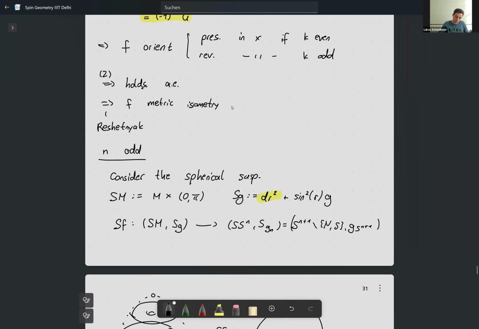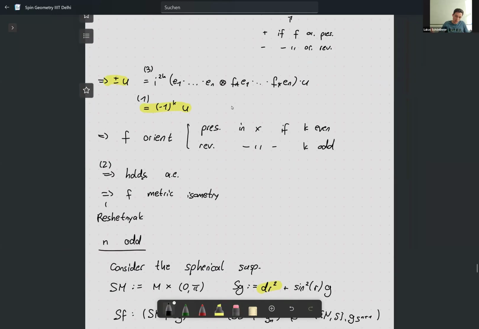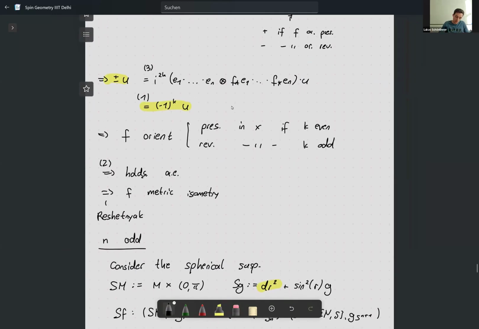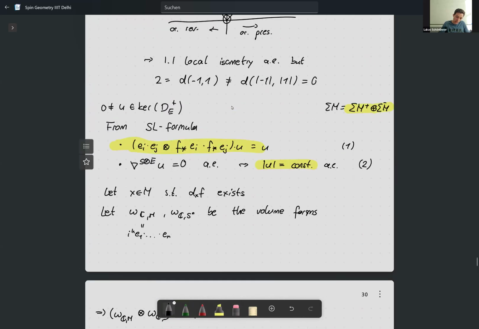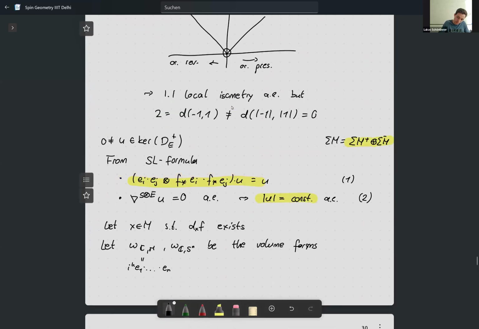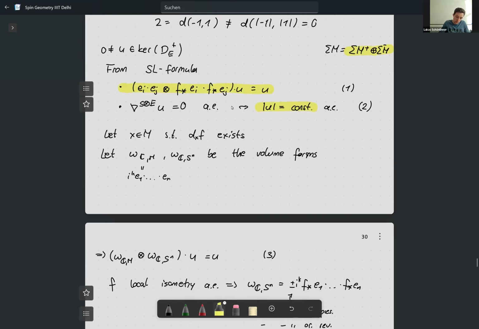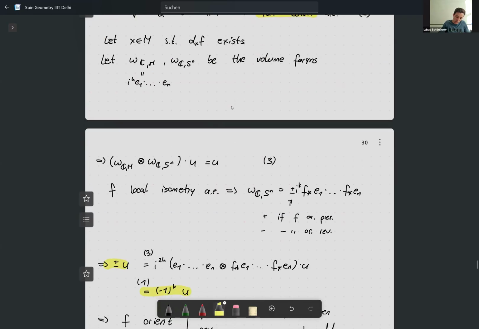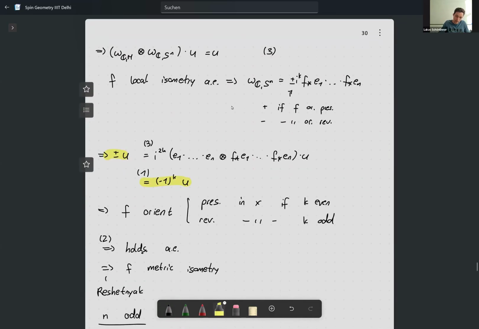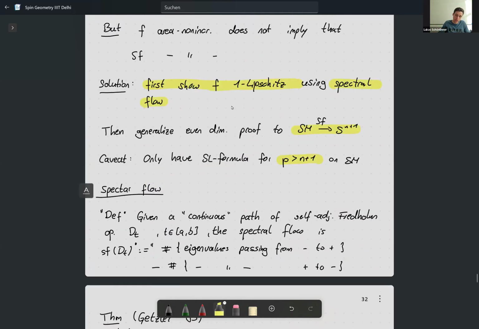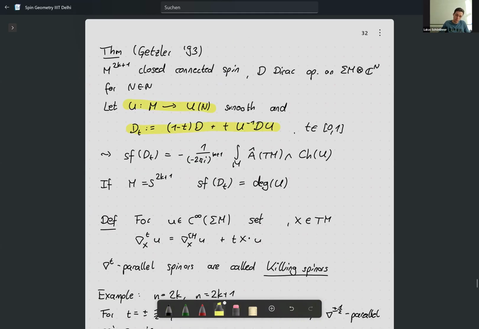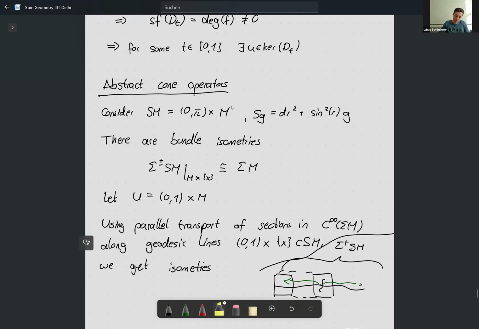What we needed to know is that it's orientation preserving or reversing almost everywhere. But now we again have this property here of this harmonic spinor, and we can repeat this argument from these two pages, and then conclude the same thing as here, and actually have shown that the map F is a metric isometry.